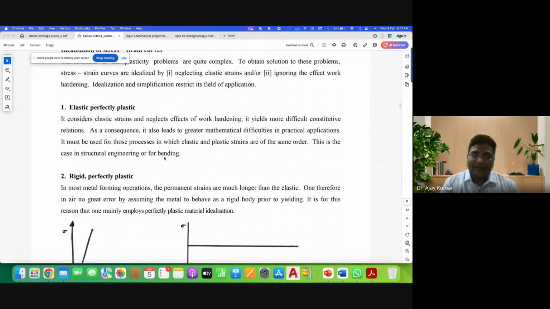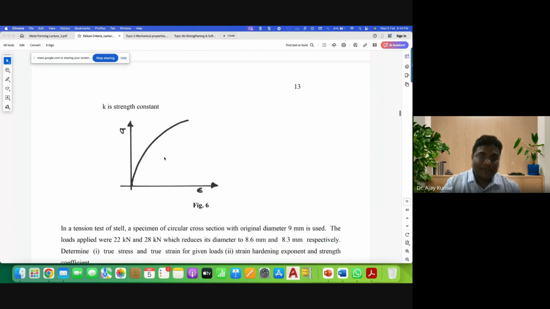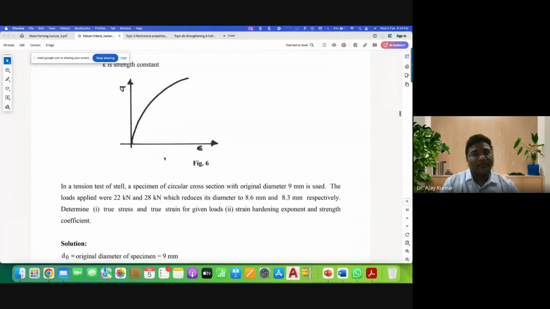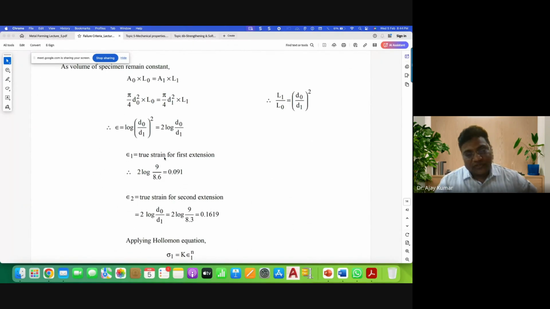Ductile materials will have a cup and cone fracture, and brittle materials have very minimal deformation before fracture. So this is how you do the calculation of true stress, true strain, engineering stress and engineering strain.